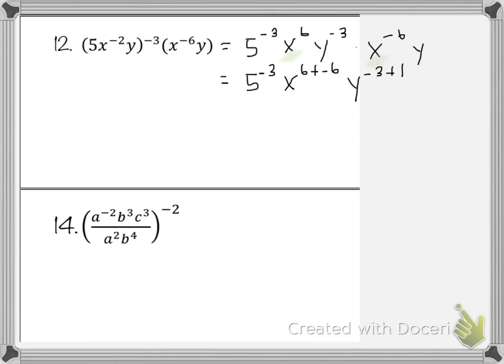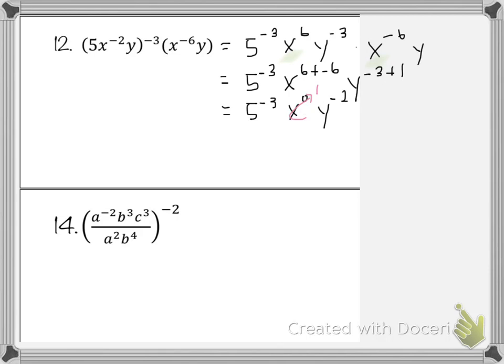Okay? Alright, well, when you say 6 plus a negative 6, that'll be x to the 0 power. Y to the negative 3 plus a 1, so that's going to be y to the negative 2. Okay, anything to the 0 power is always a 1.